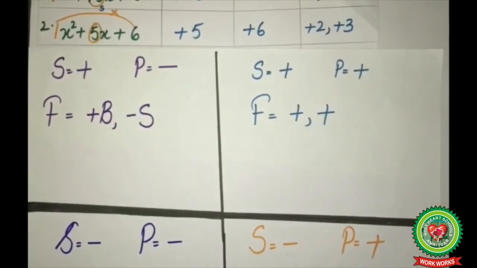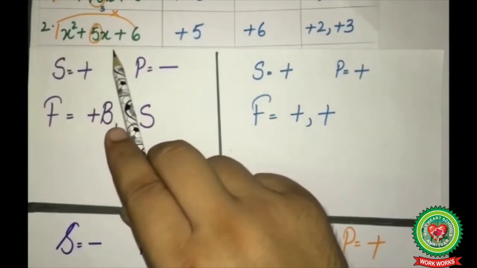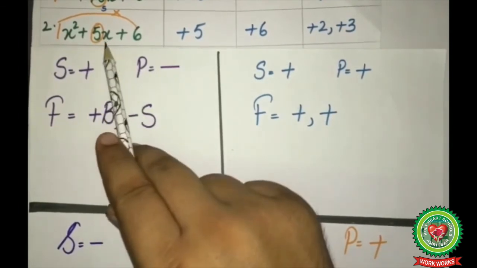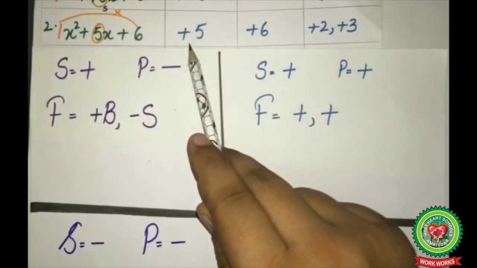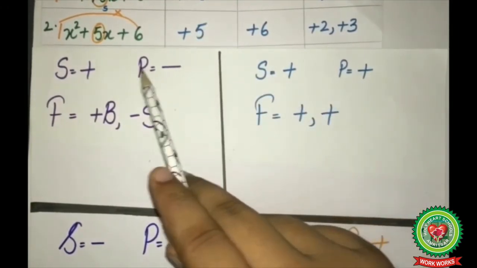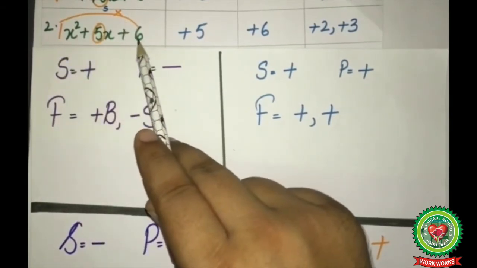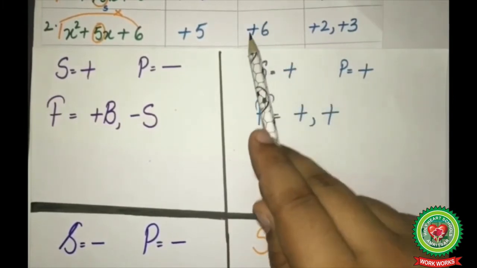The second example is x square plus 5x plus 6. Here the coefficient of x is plus 5, so the sum is plus 5. And the product of the coefficient of x square and the constant term comes out to be plus 6. So the product required is plus 6.